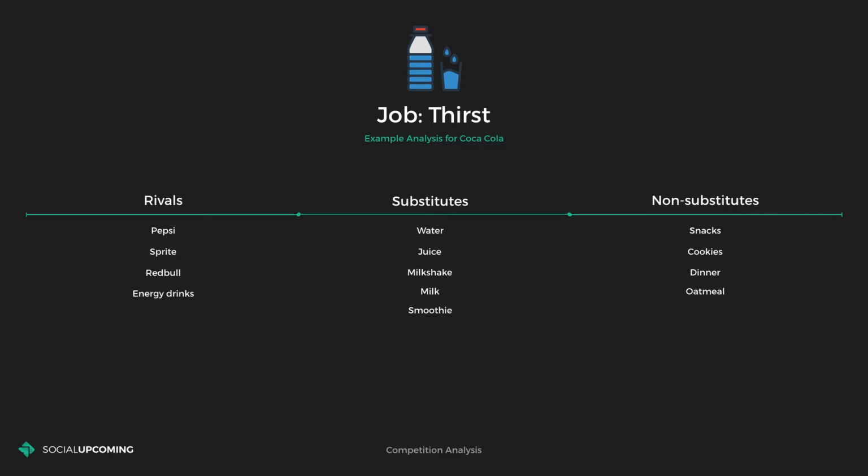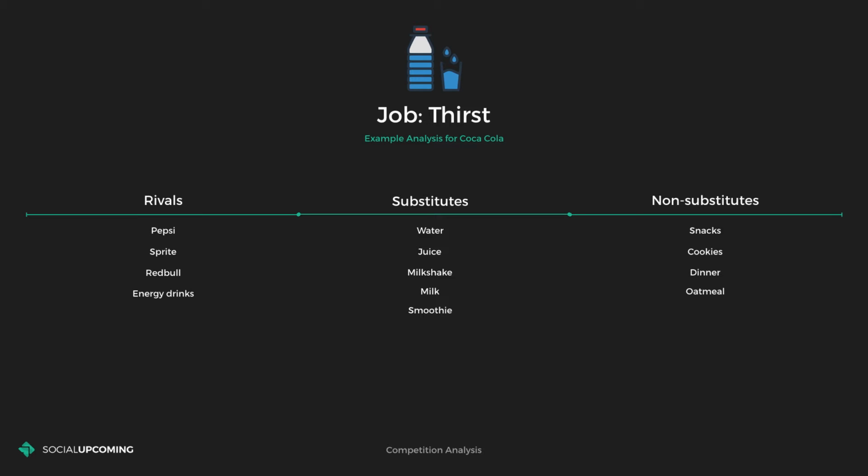So the reason why you want to do this type of analysis is because all of the solutions or products and services that are listed is something Coca-Cola has to compete with when it comes to selling their products. So you could say that Coca-Cola competes with oatmeal, because both of them make a person feel full. The same goes with Red Bull and different energy drinks, because you feel refreshed.